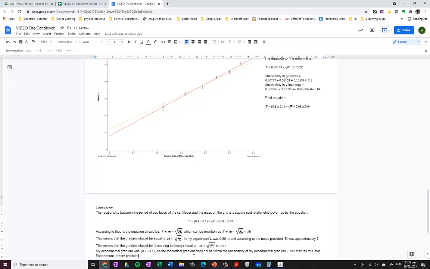Furthermore, theory predicts a 0 y-intercept. The y-intercept in my experiment was this stuff here.